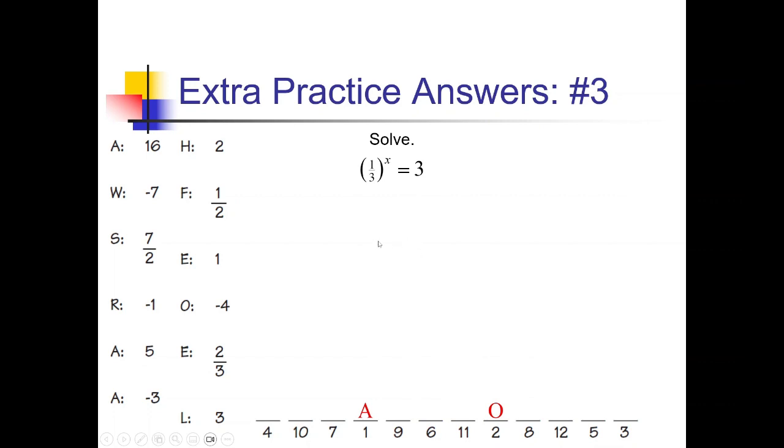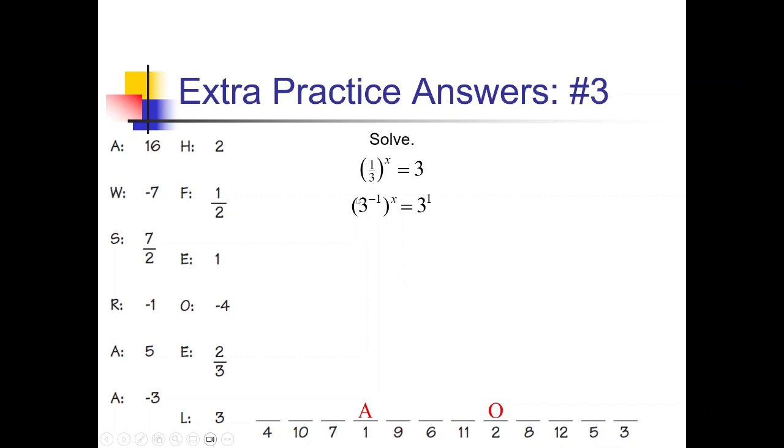Here we go with number 3, where the common base is actually also 3. So I can rewrite 1 over 3 as 3 to the negative 1, and I'm going to leave that x outside the parentheses for now. I'll deal with it in a minute. This 3 over here is already as simple as it gets, but I'm going to write it as 3 to the 1, just so I have something in the exponent to set equal to when I cross off the common bases. I do need to clean up this left side a little bit, though.